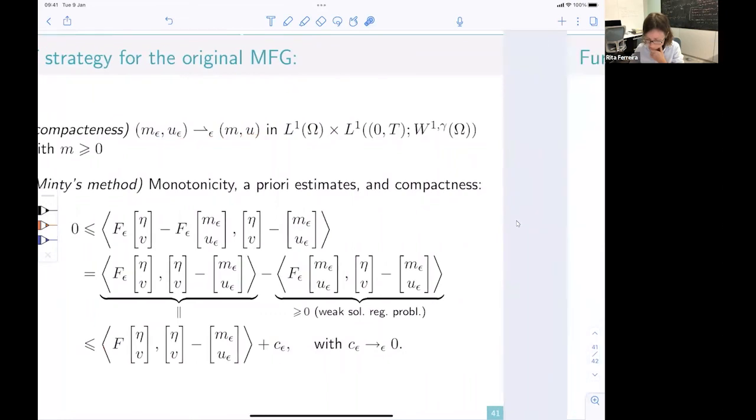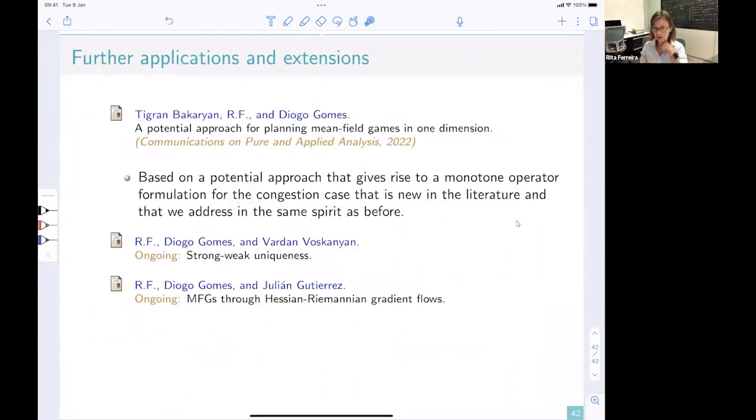And just to conclude, this is my last slide. This was a completely different paper, to deal with planning mean field game problems in which you are given not a terminal cost, but an initial distribution and a final distribution.